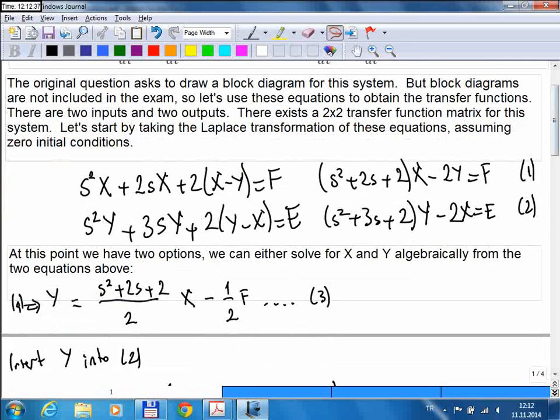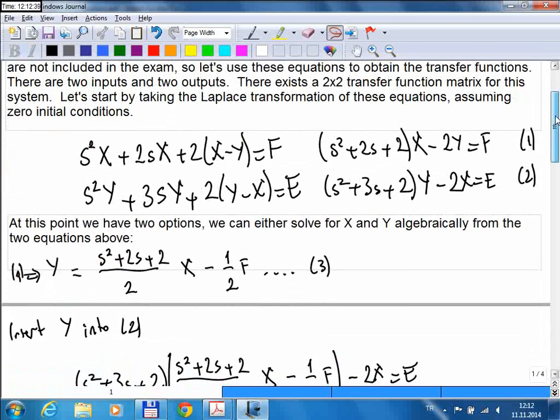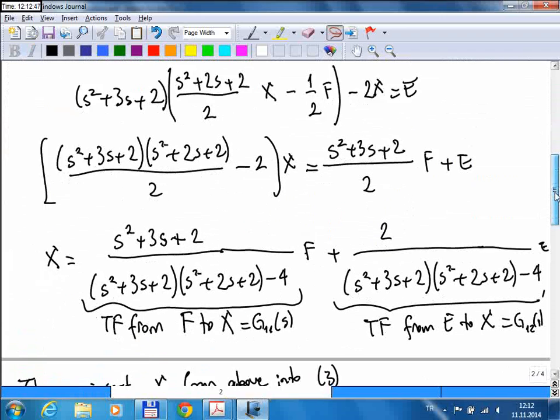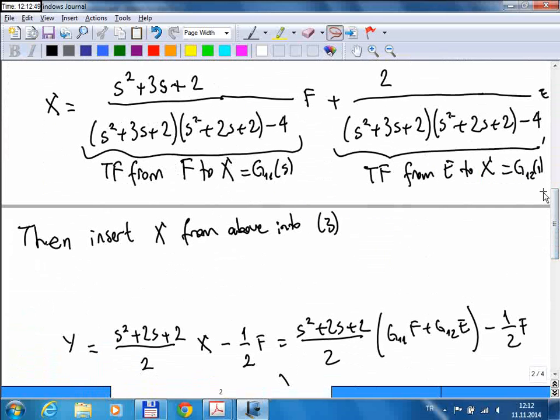Once the initial conditions are involved, you shouldn't really call that a transfer function, because for transfer functions we assume the initial conditions are 0. But nevertheless, the same effort can still be used to obtain the solution.